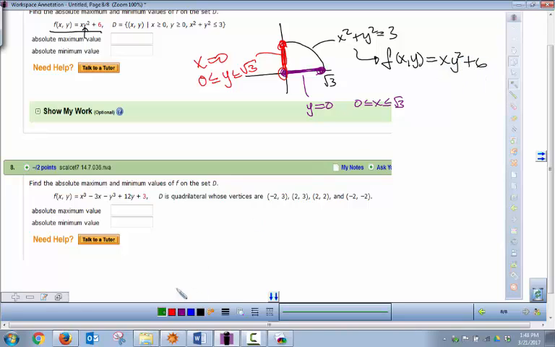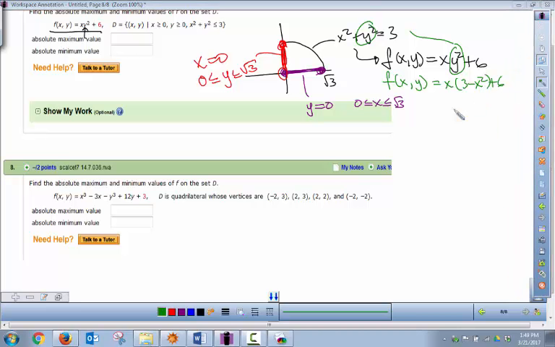I'm probably going to want to replace this with y squared over here. So I'll have f of x, and I'll change the y. I'll replace that, and now I just have a function of x, and I'll find the max and mins that way.